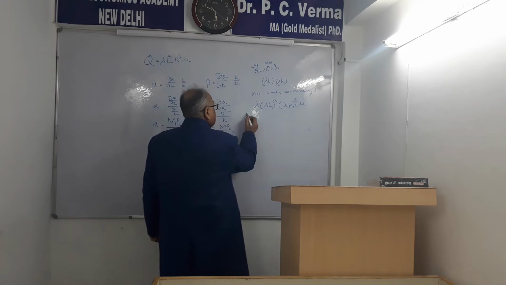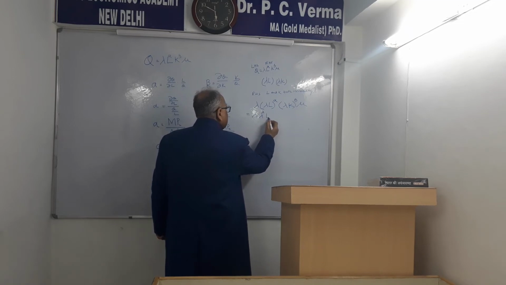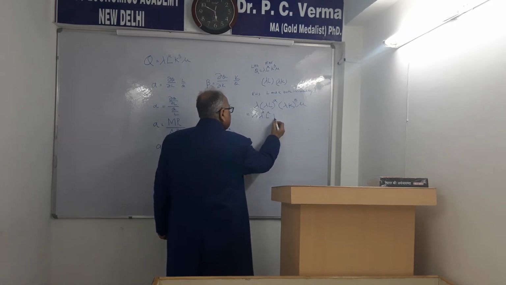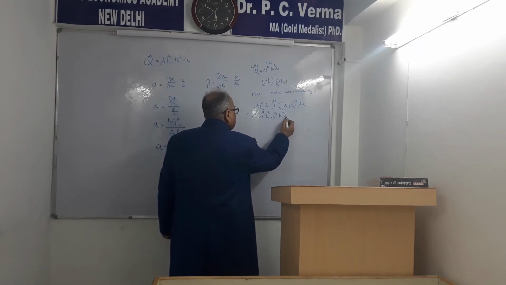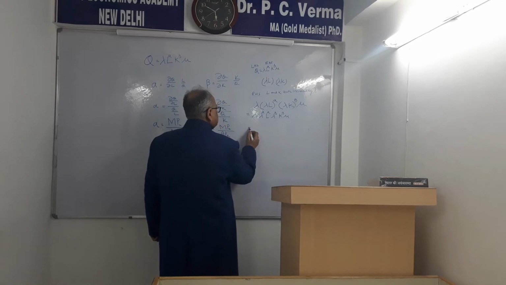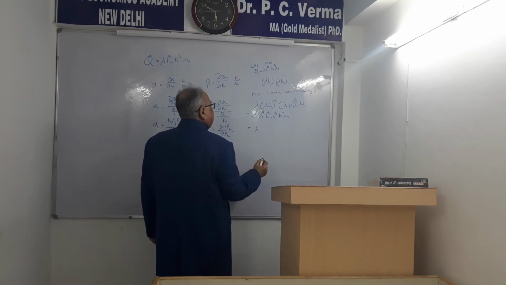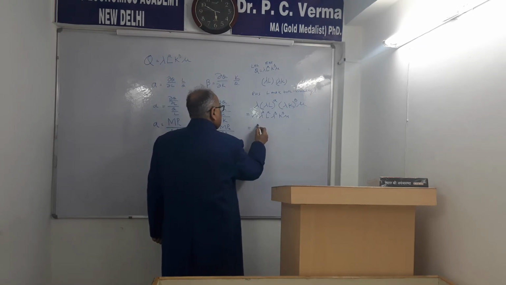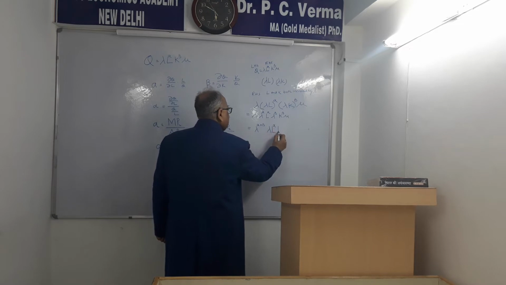And now solve it. Lambda to the power alpha, L to the power alpha, lambda to the power beta, K to the power beta, mu. Lambda to the power alpha plus beta, L alpha K beta mu.